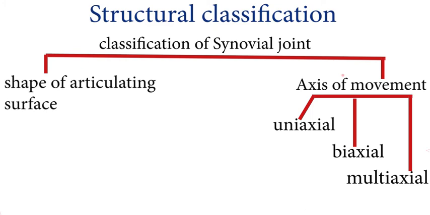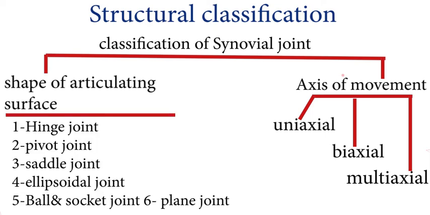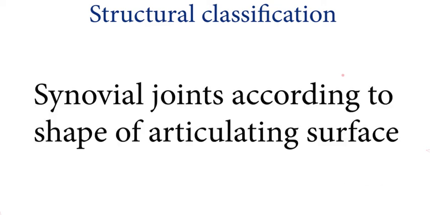And according to the shape of the articulating surface, it is of six types: hinge joints, pivot joints, saddle joints, ellipsoidal joint, ball and socket joint, and plane joints. Now we will discuss synovial joints according to the shape of the articular surface.